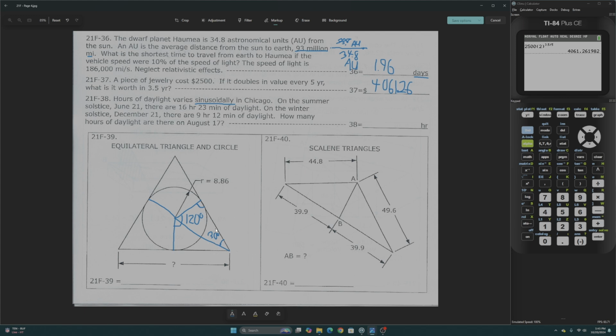So we know what this is. Let's call it R, right? Well, using this diagram, that's going to be R square root of 3, and then the hypotenuse is just 2R, right? Well, we don't care about the 2R. We need the R square root of 3, right? So 8.86 times square root of 3, bang. So that's that length right there, right?